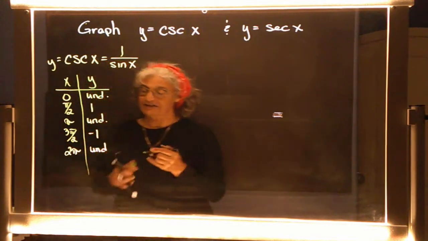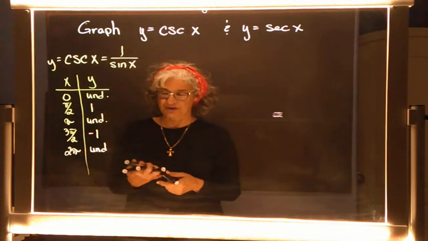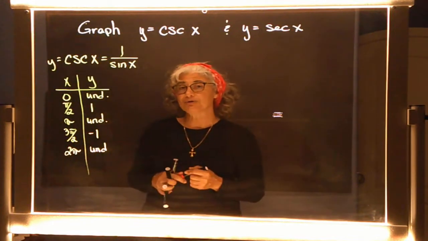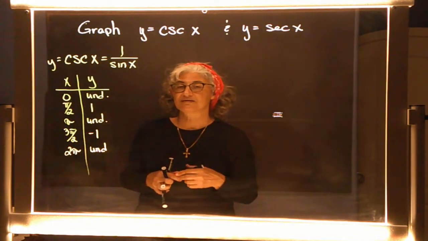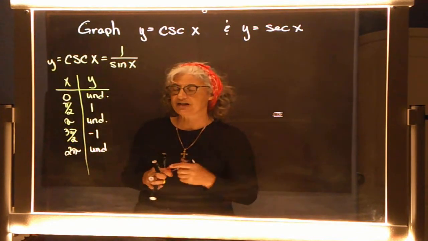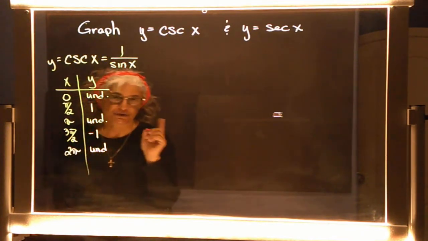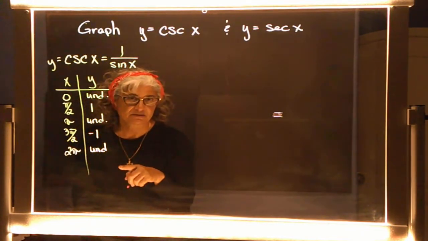So here's the deal. I've got a lot of undefined stuff going on here, and that's not helping me a whole lot. So I'm going to utilize some other angles, just first quadrant angles. So a 30-degree angle is how many radians?